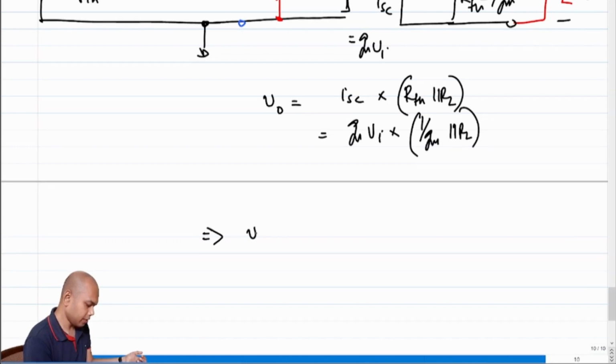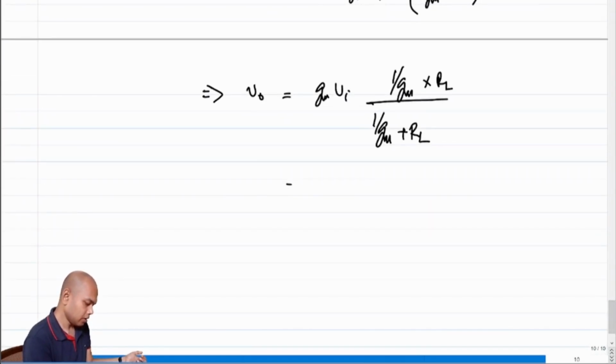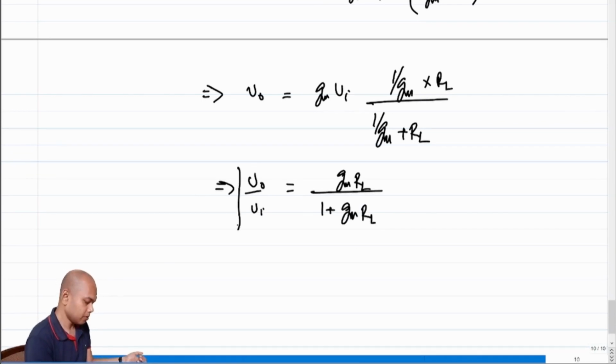So V naught is equal to gm times Vi times (1 over gm times RL) by (1 over gm plus RL), right? Which is equal to, if I multiply with gm in the numerator and denominator, I get V naught over Vi is gm RL by 1 plus gm times RL.